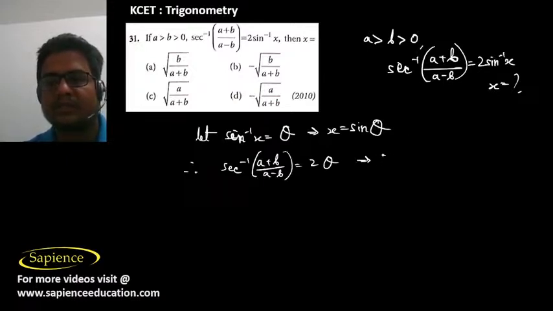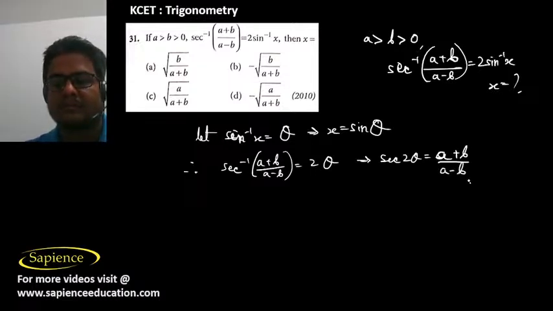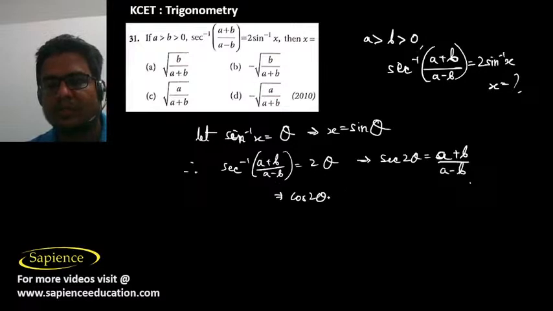So it means that sec 2 theta is equal to (A plus B) by (A minus B). Then sec 2 theta is this, means that cos 2 theta is equal to (A minus B) by (A plus B).